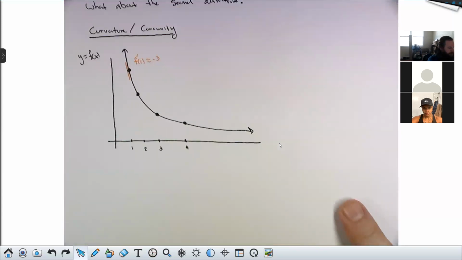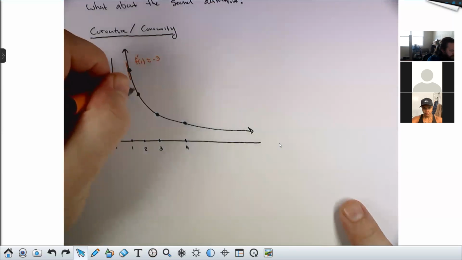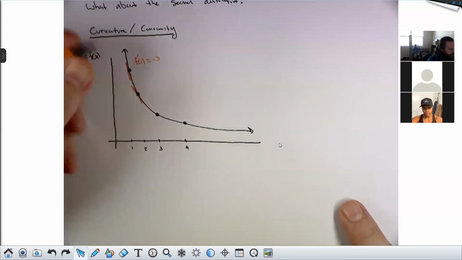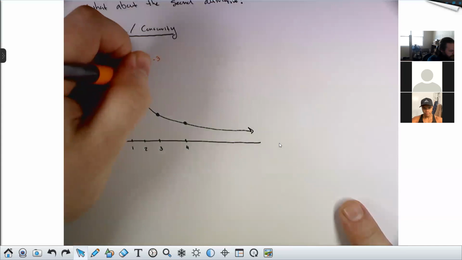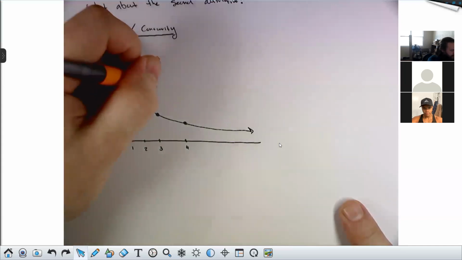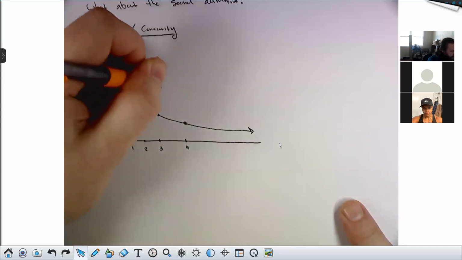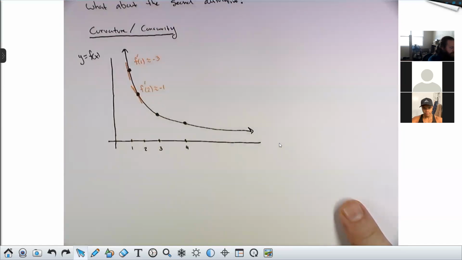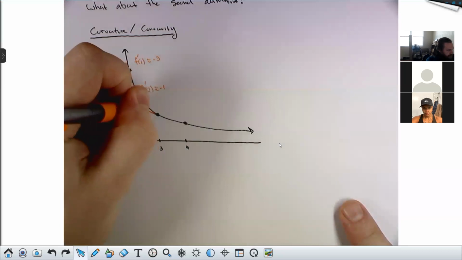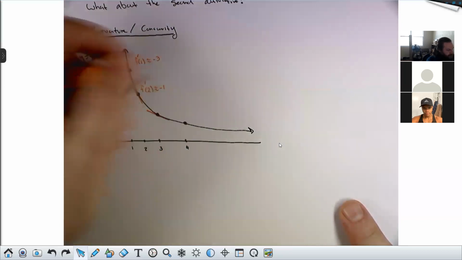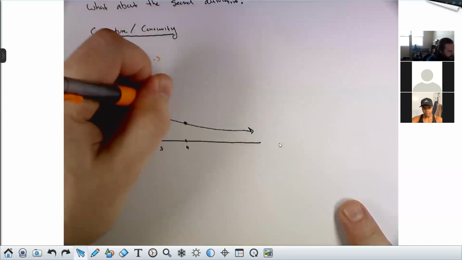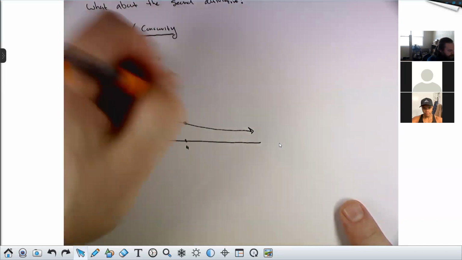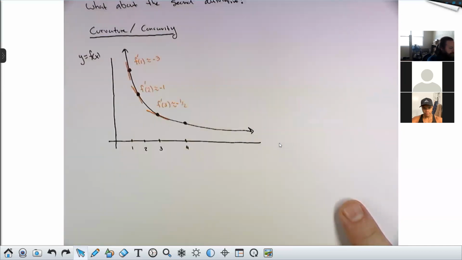Maybe it's steeper, I don't know, but here it's definitely less steep. I'd estimate f prime of 2 to be maybe like negative 1. Here it's less steep still. I'd say f prime of 3 is like negative 1/2 maybe.